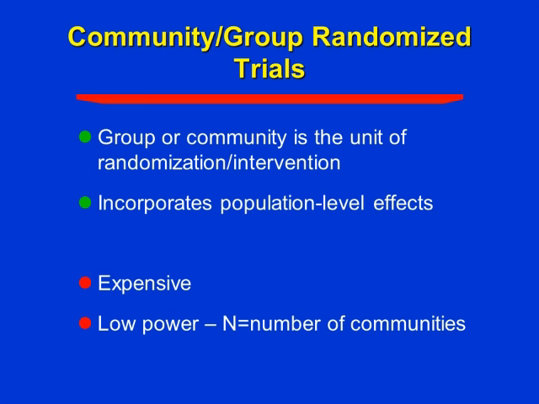Their disadvantages are that they're even more expensive than an individual level randomized trial. And you often have problems with low statistical power because the number of people in your study, or the unit of randomization, is the community rather than the people. So you often end up with 10 to 15 communities rather than 20 or 30,000 people who might be living in those communities.